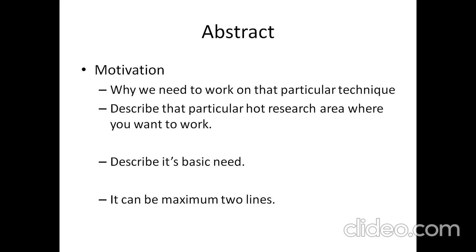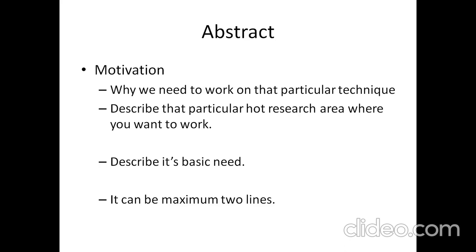So to attract the reviewer of your work, you will have to convince him that why we need that particular technique on which we are going to work. Okay. So the first one is why we need to work on that particular technique, and number 2 is describe that particular hot area where you want to work.